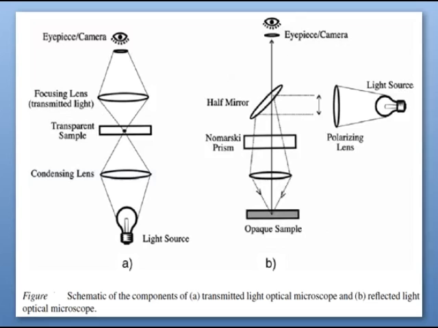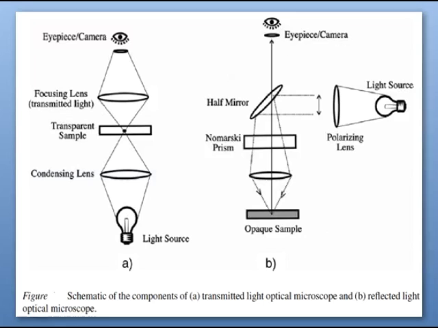Here we have a half mirror mechanism. A prism is used where the light can be diverted at a particular angle. The half mirror mechanism is used to split the light coming from the light source towards the opaque sample as well as the eyepiece.